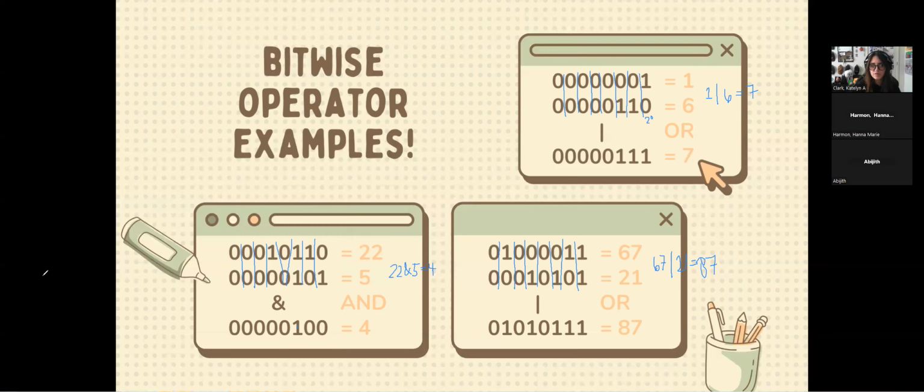Now, how can you use this to help with your lab? Say you were working with 3 bits and your input was, this is a bad place to do this, ignore these, those don't exist. So you're working with 3 bits, your input is 2, but you don't know that.